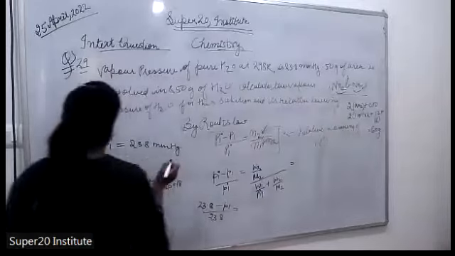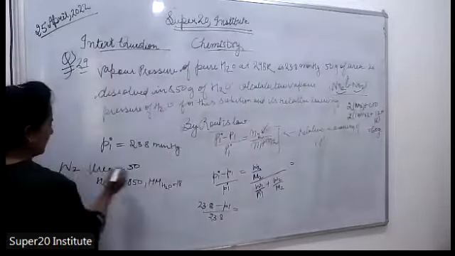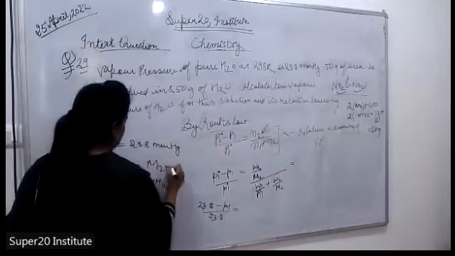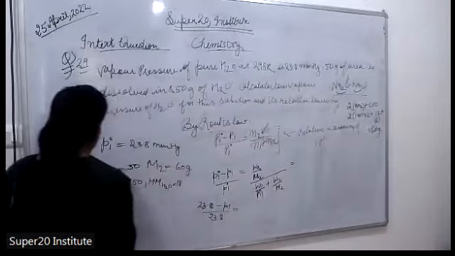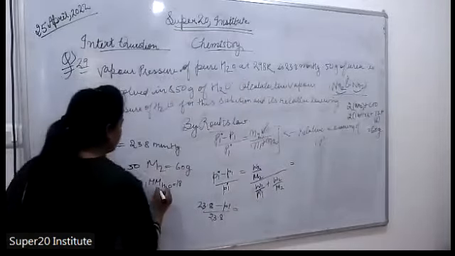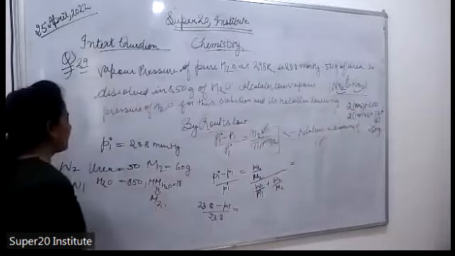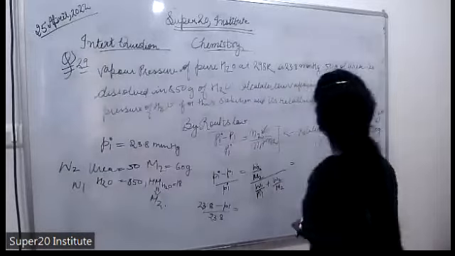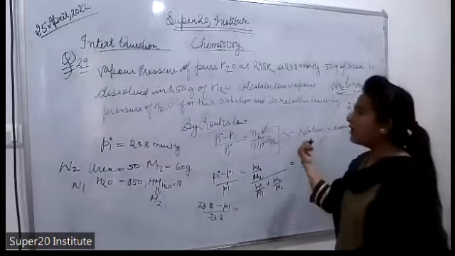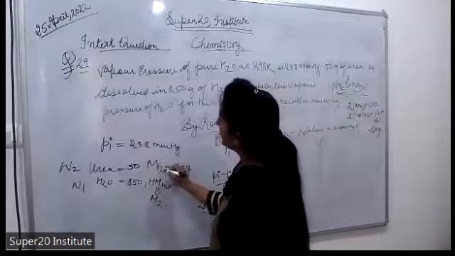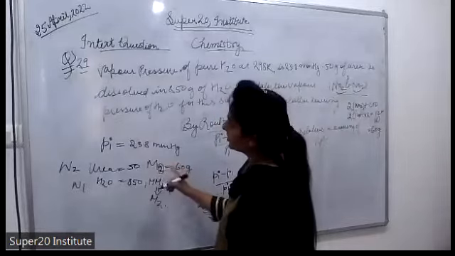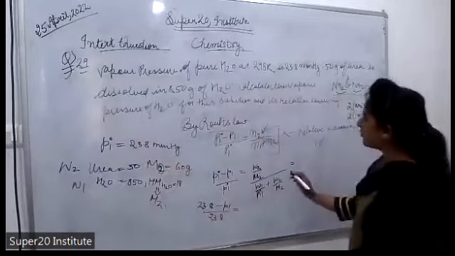And this will be M2. Okay. So our solute will be urea. Solute is urea. So we are using for solute this notation 2. Okay. Now put down these values.